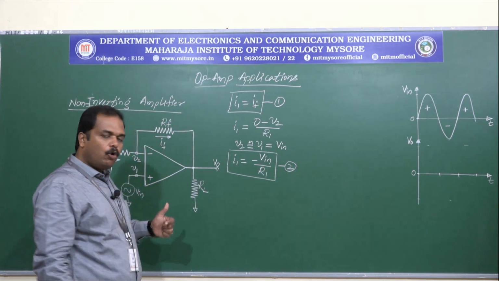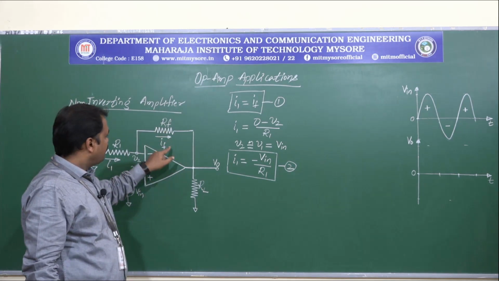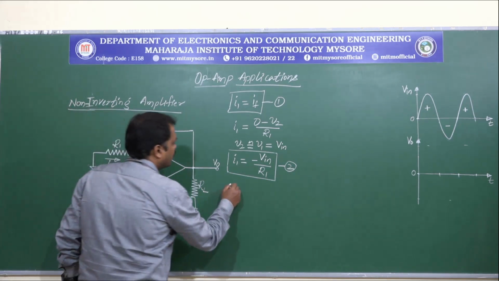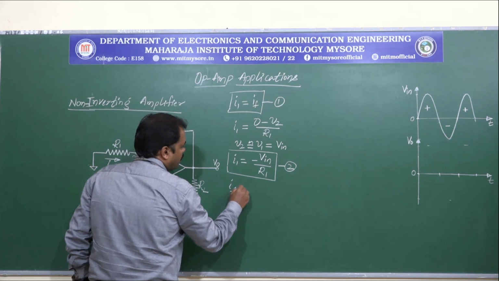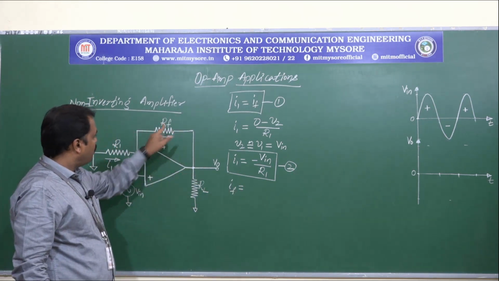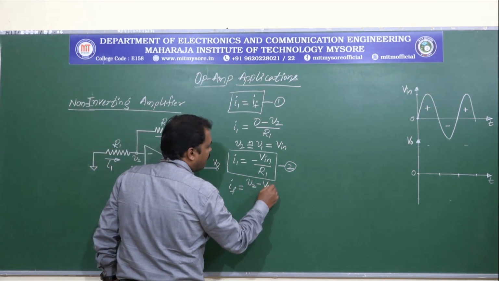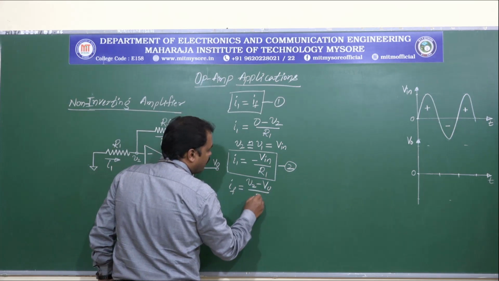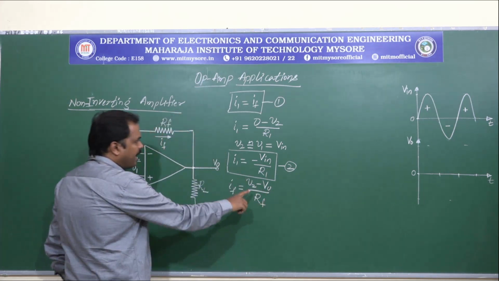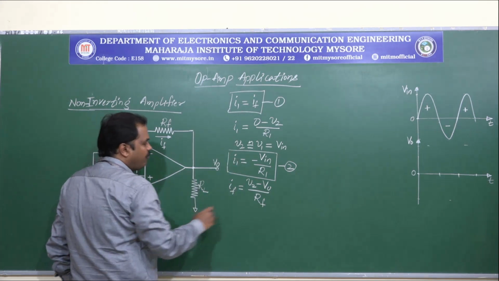Now again applying Ohm's law for this path, we will consider the value for IF. So IF is given by V2 minus V0 divided by RF. Again we have the value for V2 as Vin from this equation.